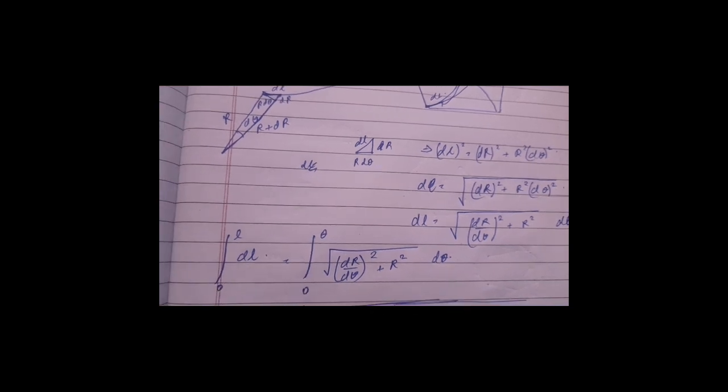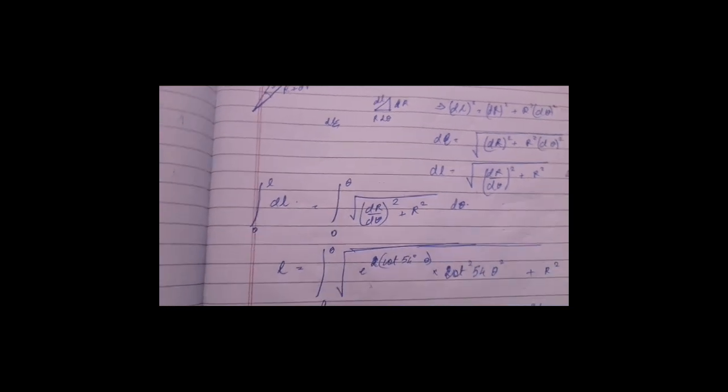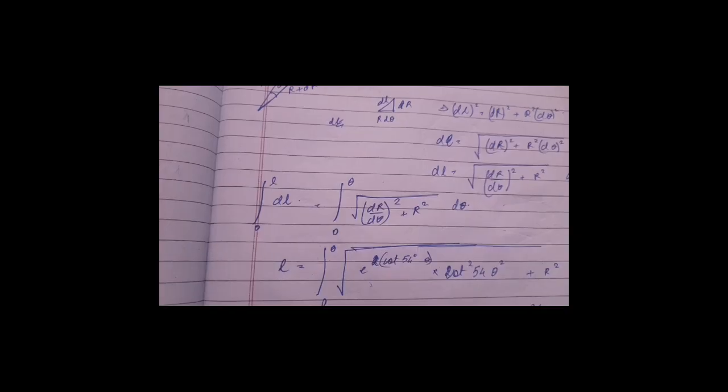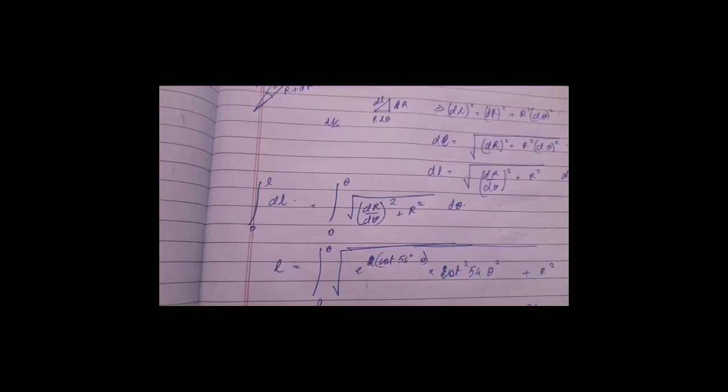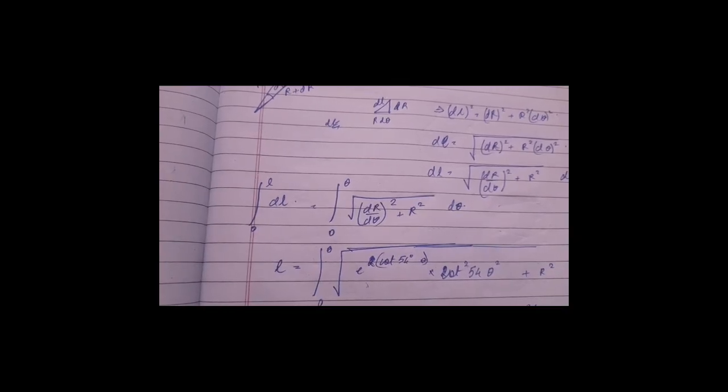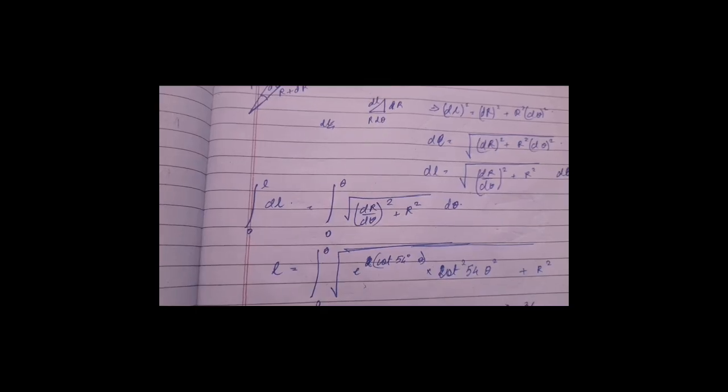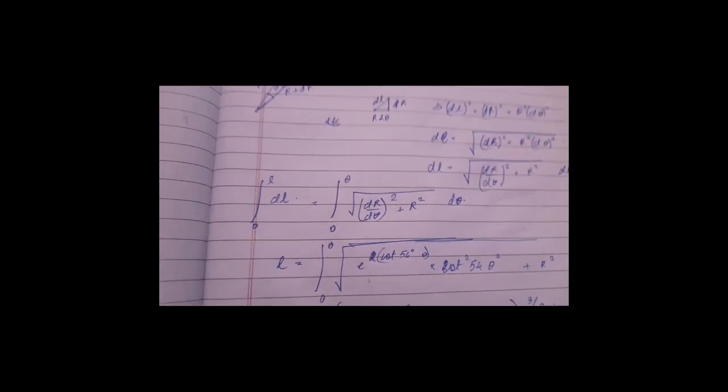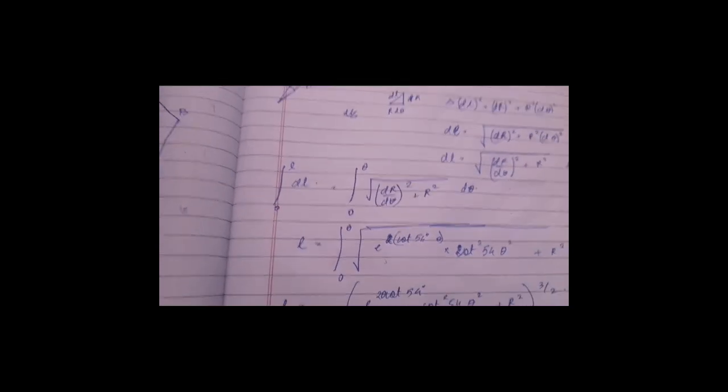On integrating on both sides, l is equal to the square root of e to the power cot 54 theta into cot squared 54 theta squared plus r squared. Basically, the chain rule is being applied here.